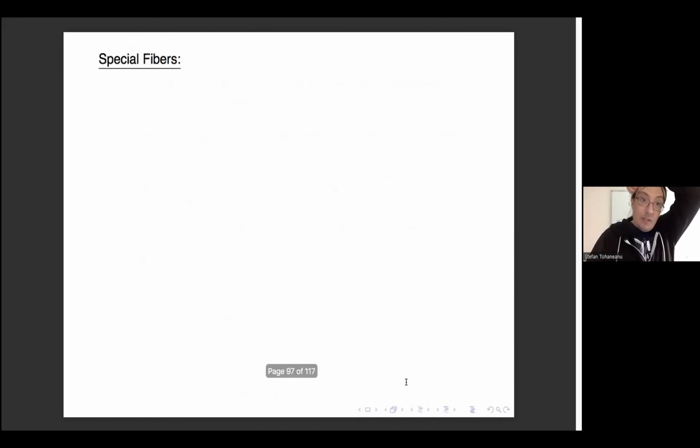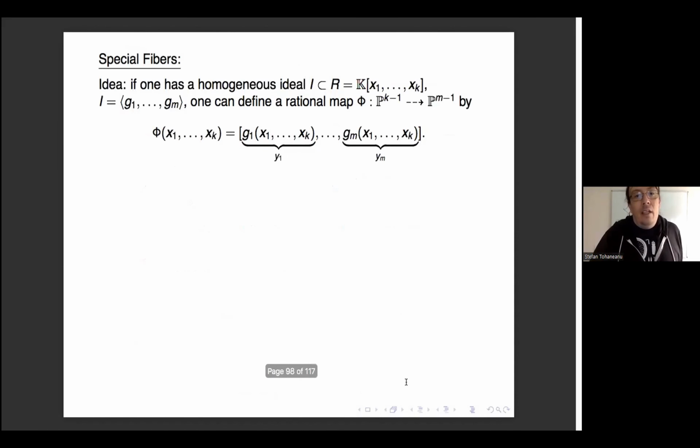All right, so in the last couple of minutes, I want to talk about another part of these ideas and how we connect them with classical gadgets. So, special fibers. If one has a homogeneous ideal, let's say, generated, not necessarily minimally, and we'll not consider minimal generators.